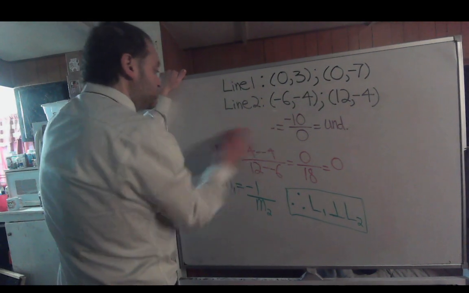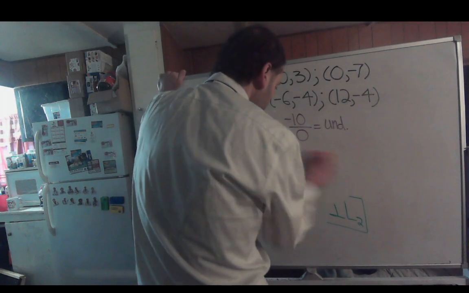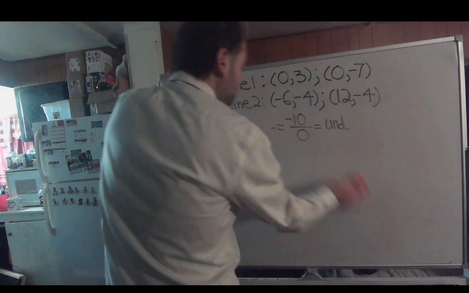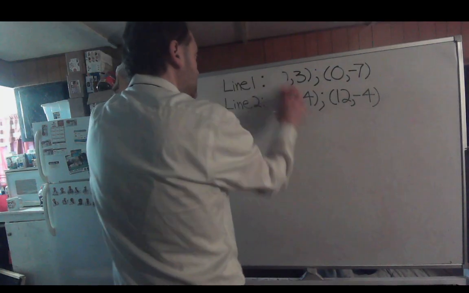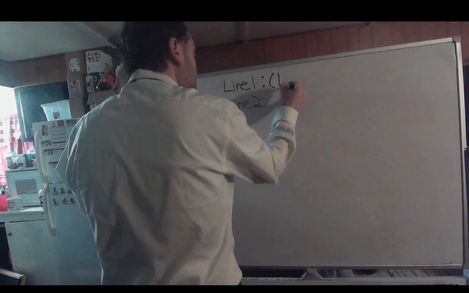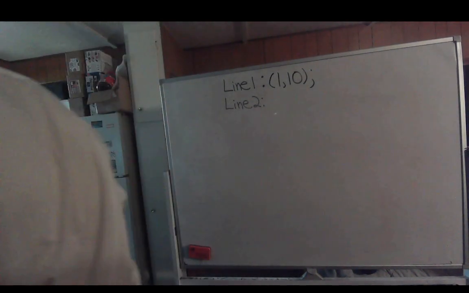And let's do the last one of these, then we'll do a few rates of change, then we'll be done. Alright, so line 1 goes through the point 1, 10, as well as 5, 15.